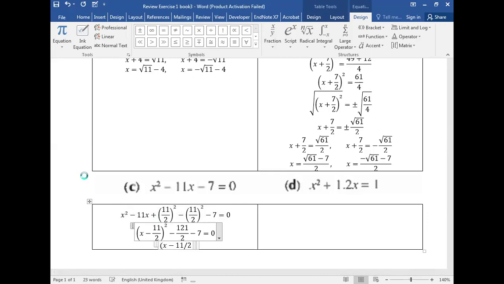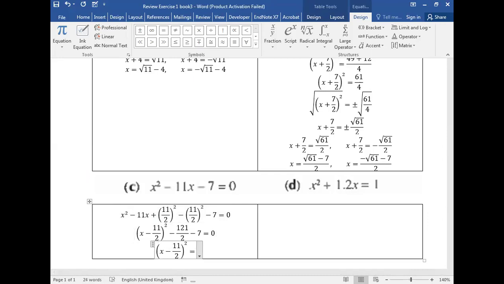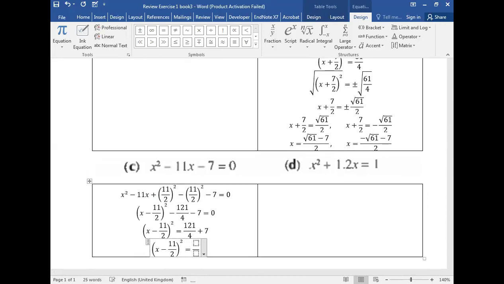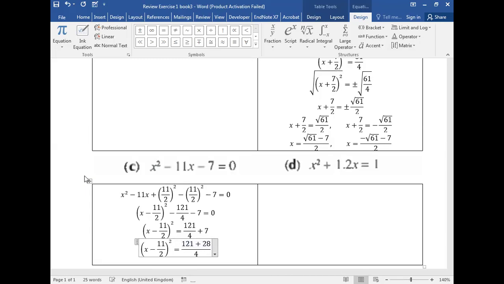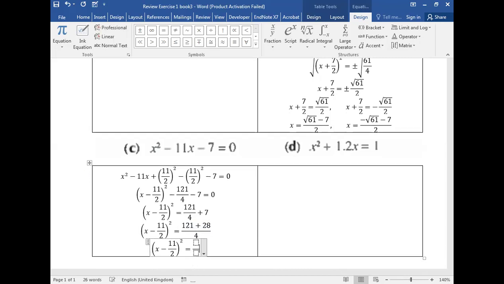This goes on the other side and I get 121 upon 4 plus 7. x minus 11 over 2 whole square equals, LCM 4, 121, 7 4s are 28, so 121 plus 28 is 149 over 4.